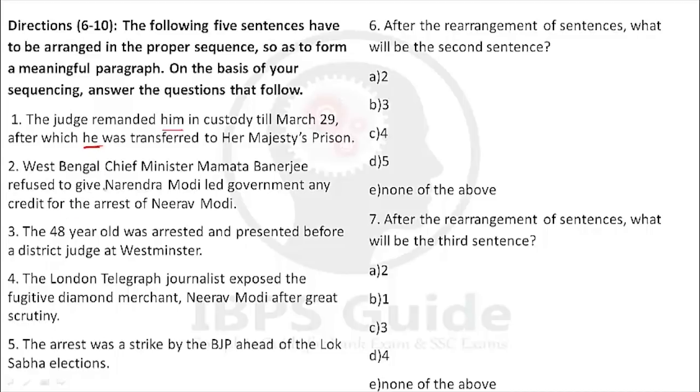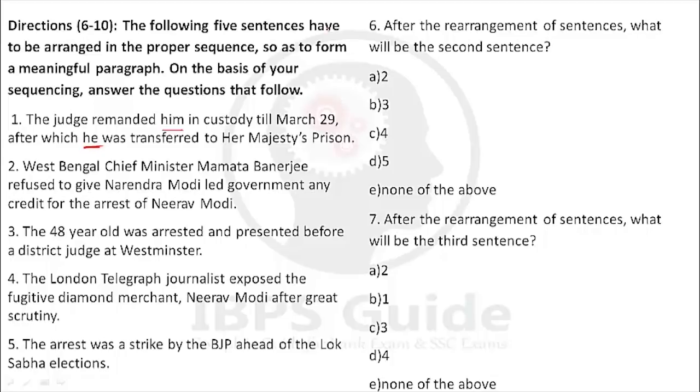Second sentence: West Bengal Chief Minister Mamata Banerjee refused to give the Narendra Modi-led government any credit for the arrest of Nirav Modi. So here are two proper nouns: Chief Minister Mamata Banerjee and Nirav Modi. But it cannot be the first sentence because at first we have to give the sentence of the arrest of Nirav Modi. Then we can say Mamata Banerjee, Narendra Modi, whatever may be.